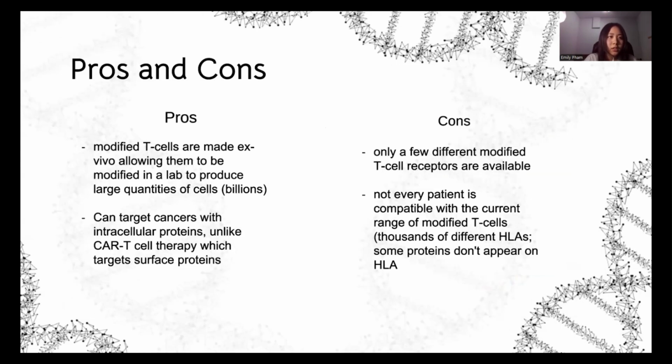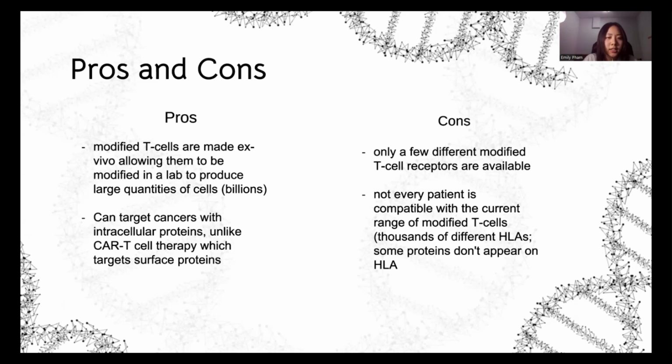An advantage to this therapy is that many cells, billions of cells, can be made outside of the body and then added back in. This type of therapy targets cancers with intracellular proteins, which has a greater range than CAR T cell therapy, which targets surface proteins.